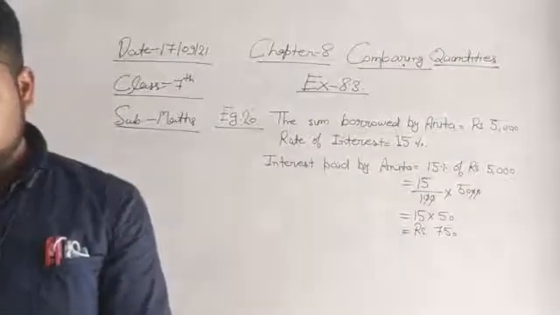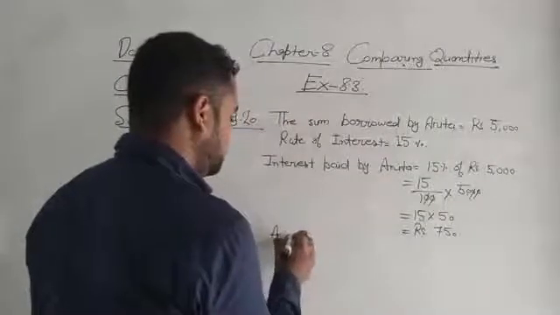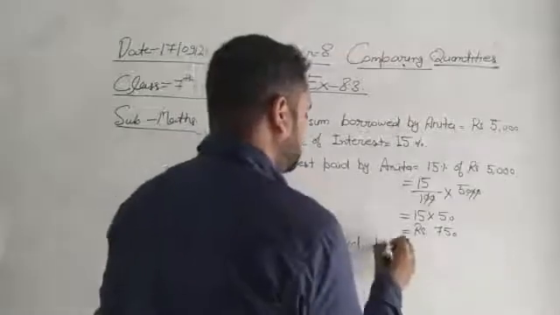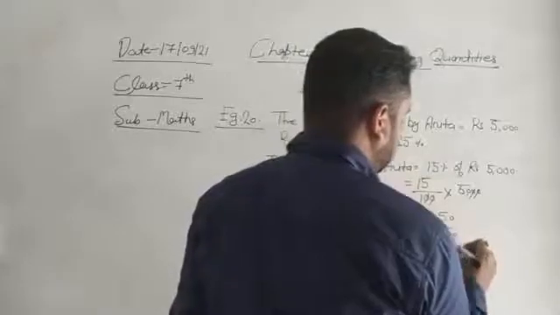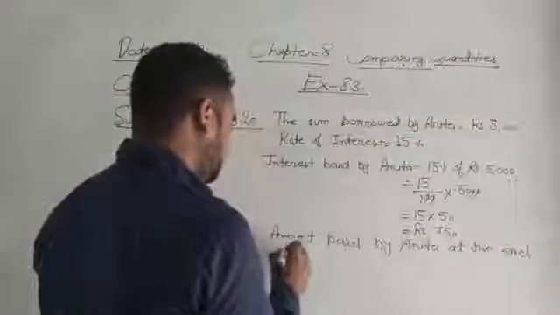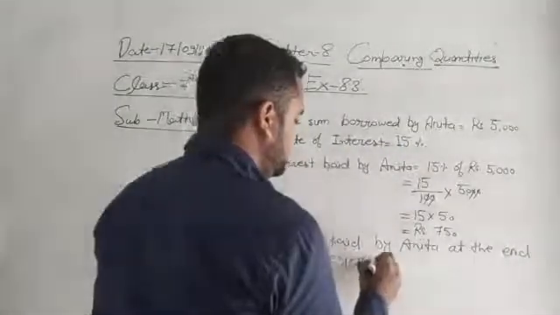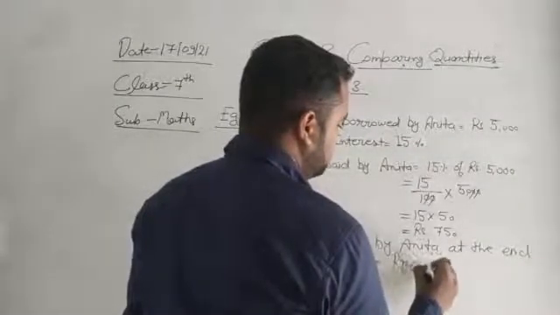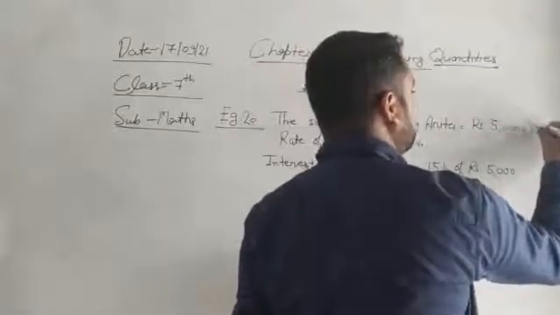And what is the amount she has to pay? Amount paid by Anita at the end of 1 year is equal to principal. Principal is present borrow.